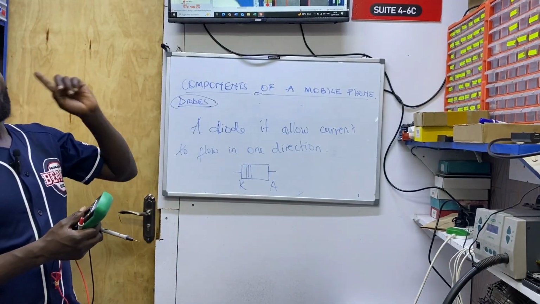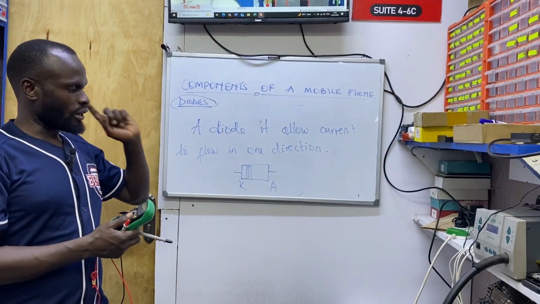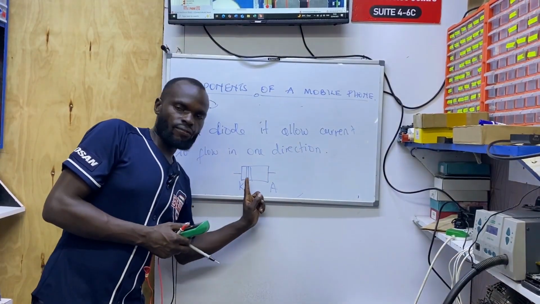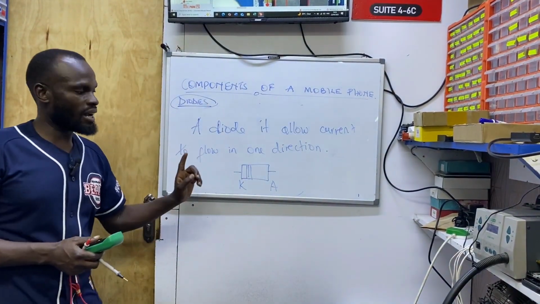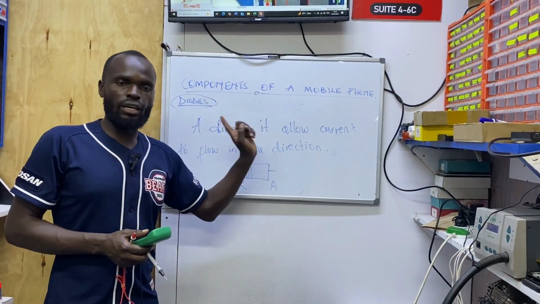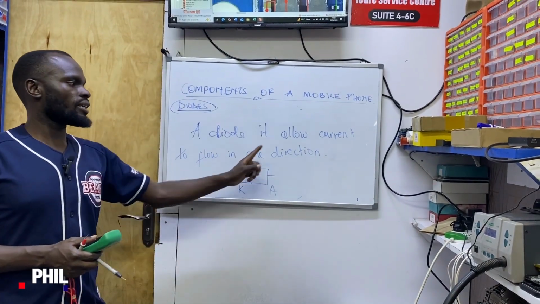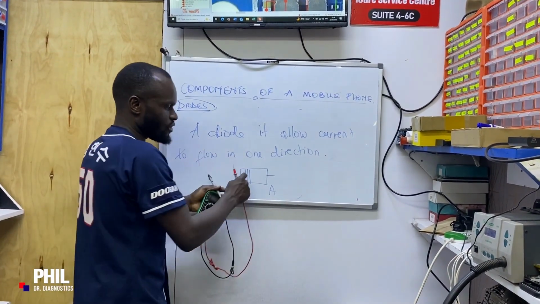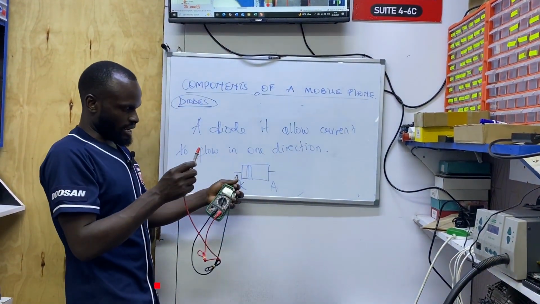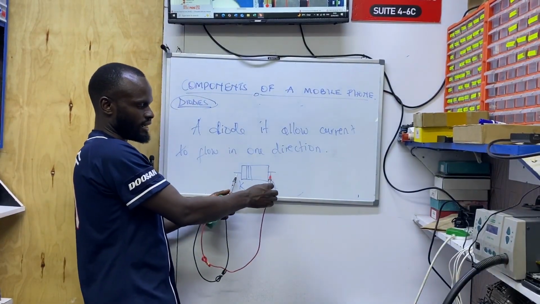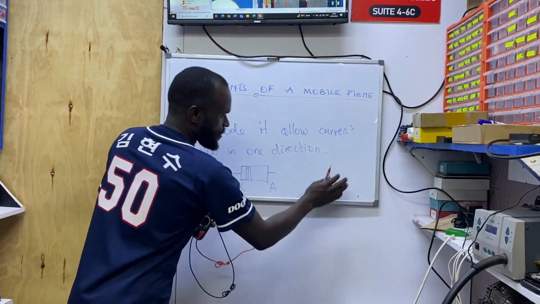It is going to give you some value. That will be okay if it gives you value on one side. Remember, a diode only allows current to flow in one direction. If it gives you a value when aligned correctly, that is okay.